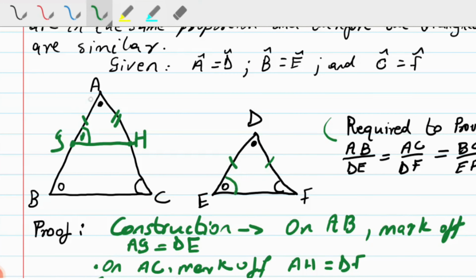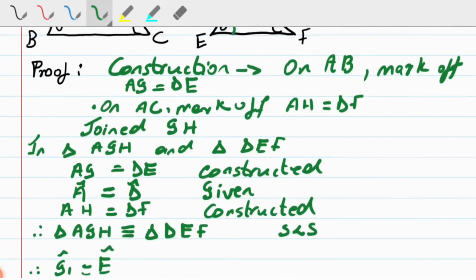Remember the focus is on triangles AGH and DEF, and we just proved the two to be congruent, therefore the remaining angles are equal.